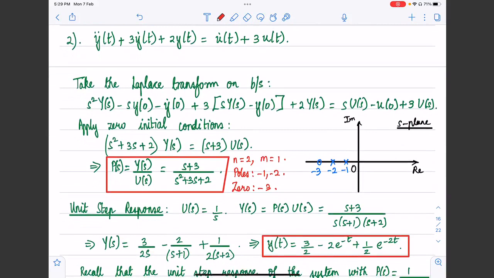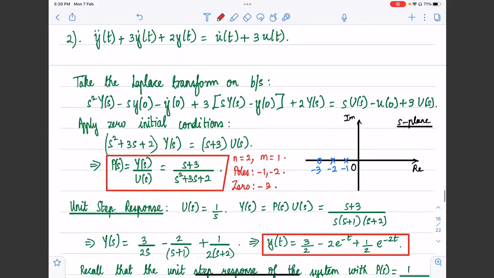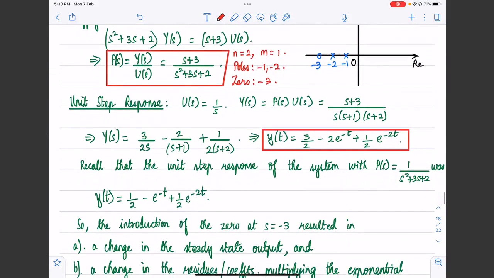So in fact, if we refer to this problem, now we have a 0 at -3, right? What happens when you compare it with the unit step response when there was no 0? The poles were the same, but the 0 alone was not.